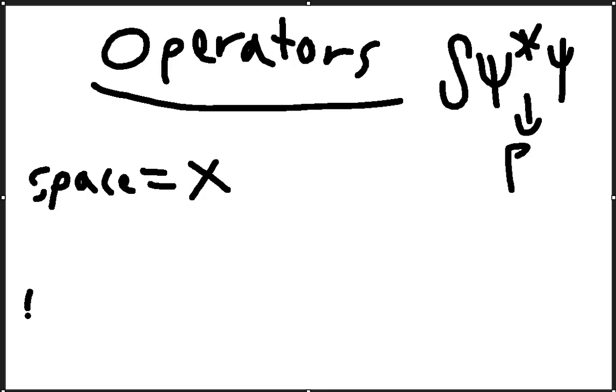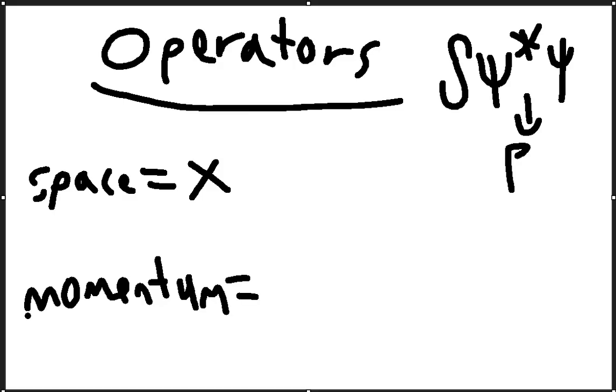And the momentum, this is what we'll focus on right now, is equal to negative i. Let me check this. I've checked my notes. Yes, it's negative. I just had to make sure real quick, because sometimes I forget.